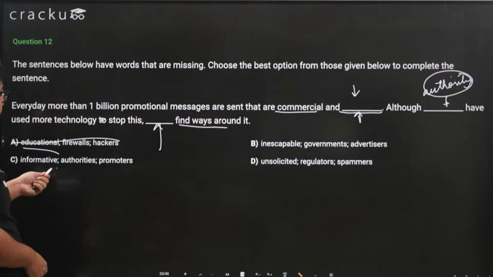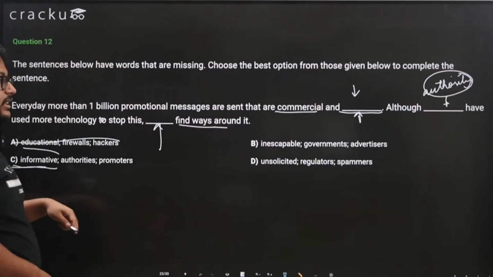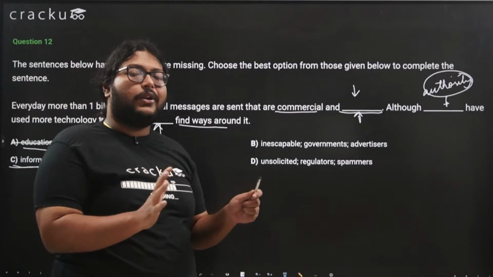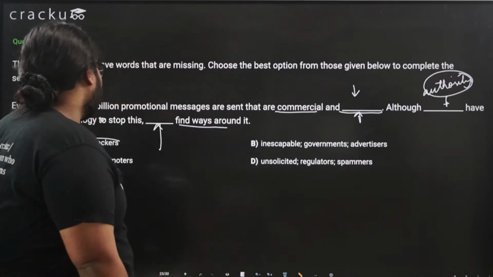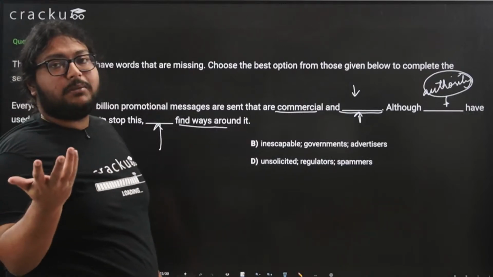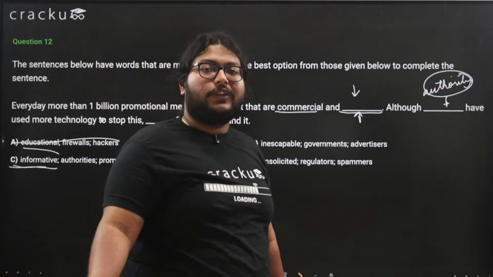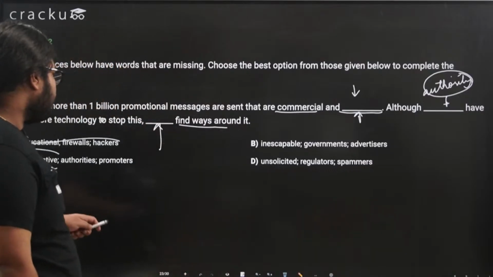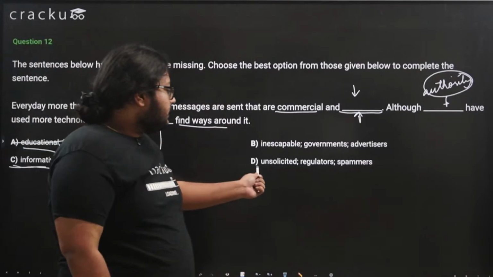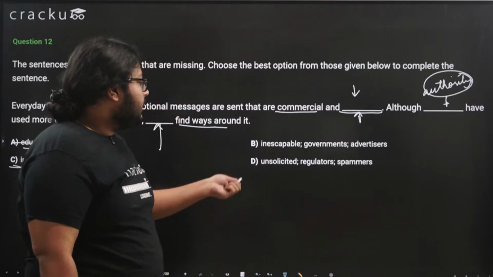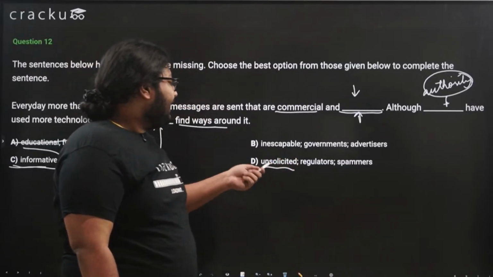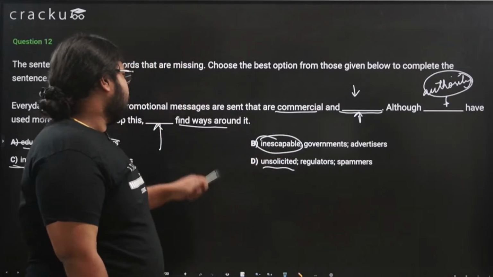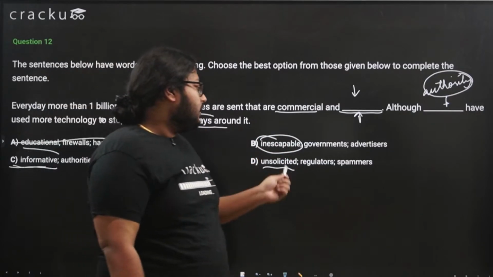Similarly, if something is informative, there is not a good chance that they will try to block it as much. But still, information, sometimes it can be valuable, sometimes it can be not valuable. Let's look at the other blanks. Unsolicited, without permission, that makes sense. Inescapable, we are talking about promotional messages.